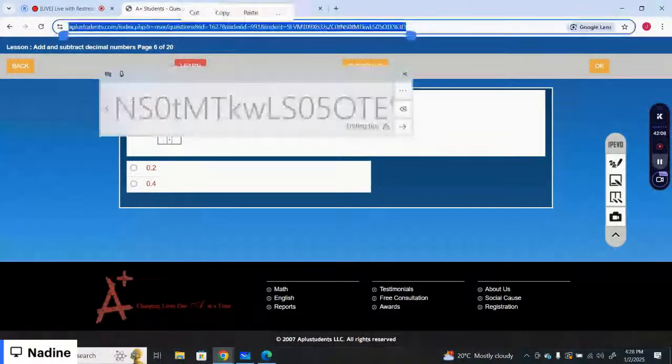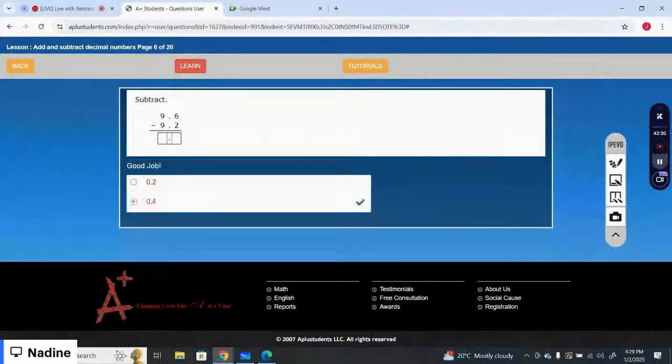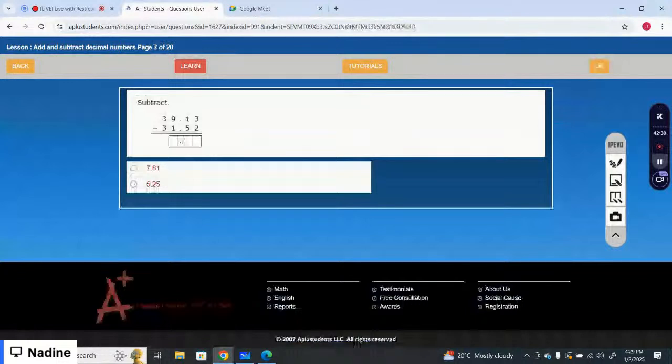9.6 minus 9.2. So which is the correct option? That is 0.4. Option number 2 is the correct option. 39.13 minus 31.52, which is the correct option?